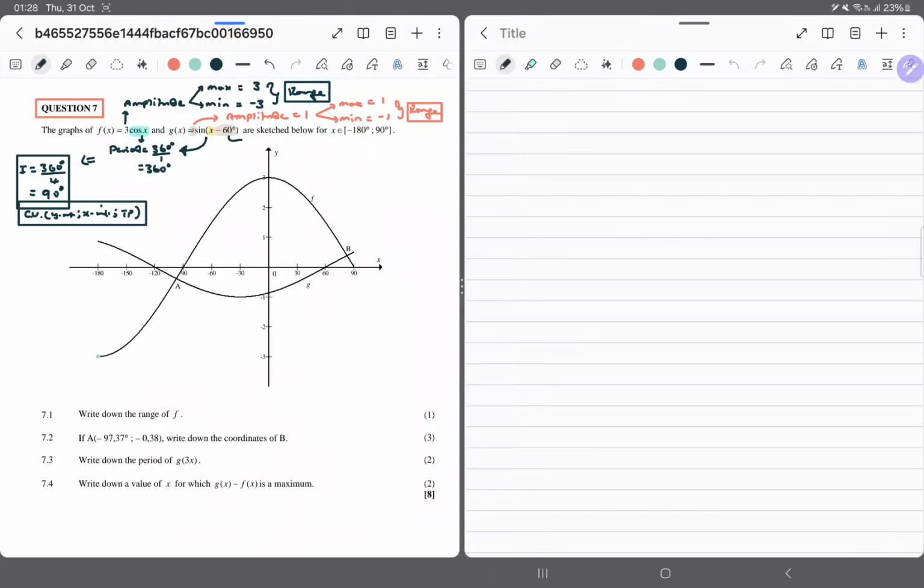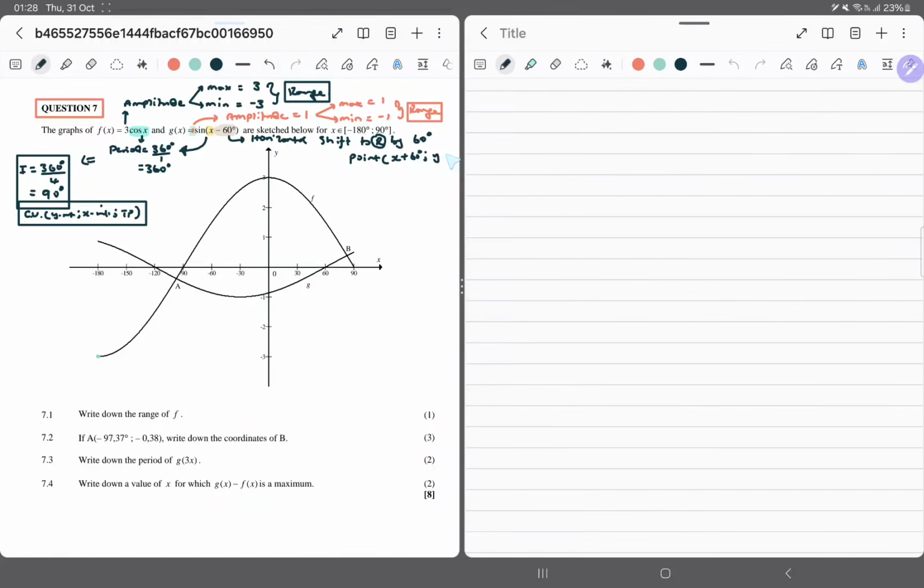Now this is a horizontal translation. Maybe let's just write in short: horizontal shift to the right by 60 degrees, meaning if we take any point x, we will add 60 degrees and some corresponding y value.